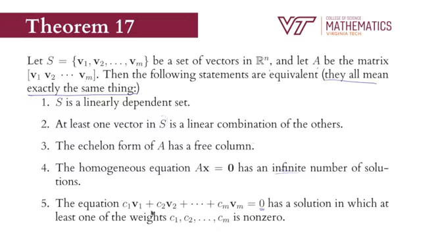In other words, it has a non-trivial linear combination that adds up to 0, because any of the non-trivial solutions from number 4 we can use in part 5. All of these are just different languages for meaning the same concept. Okay.